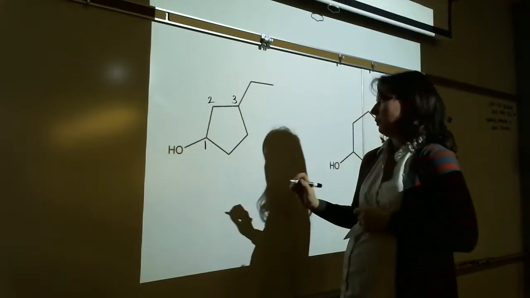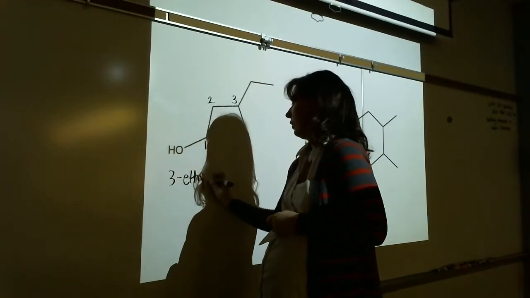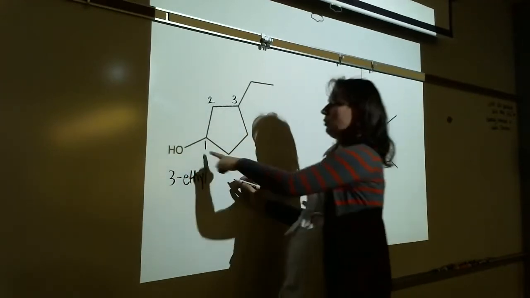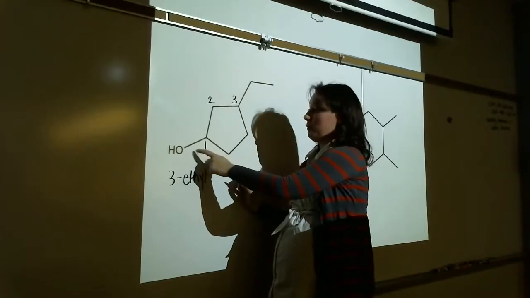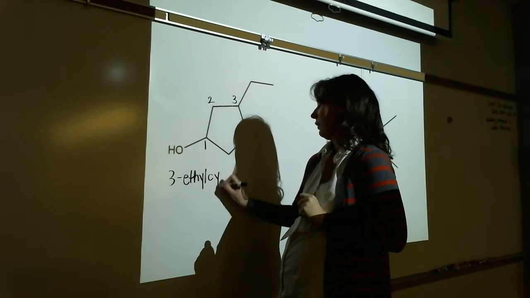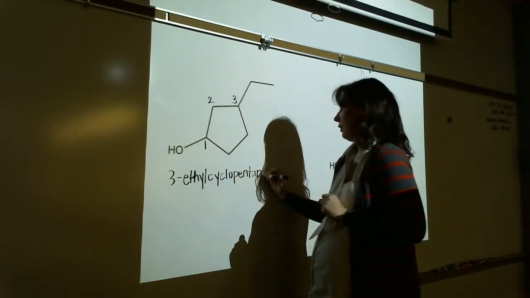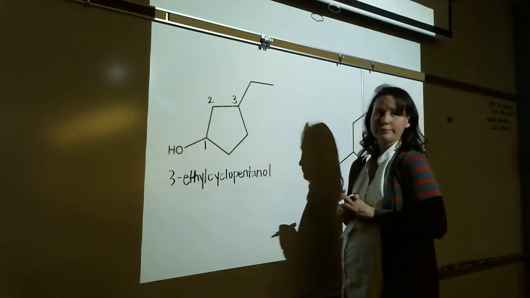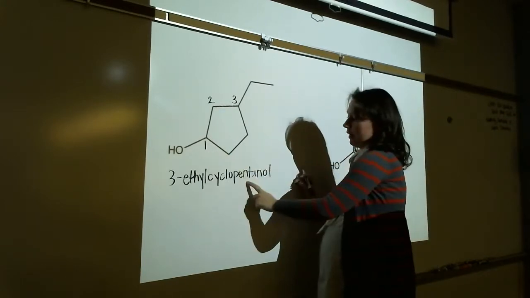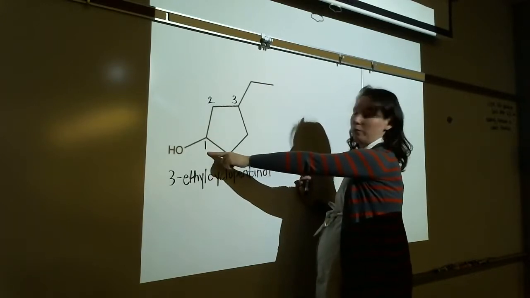So the name of this would be what? 3-ethyl. Now, do you need the 1? No, because it's by default number 1. So 3-ethylcyclohexanol, right? You don't need the 1 because it's a ring and it's an alcohol. Therefore, that's the default setting, number 1.